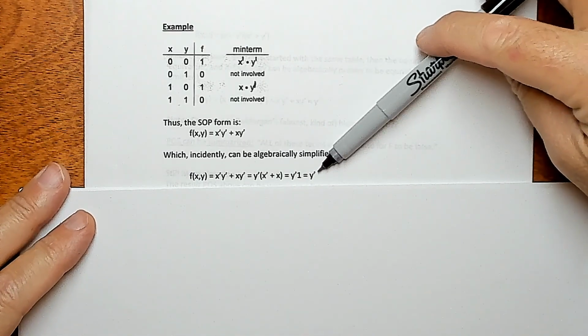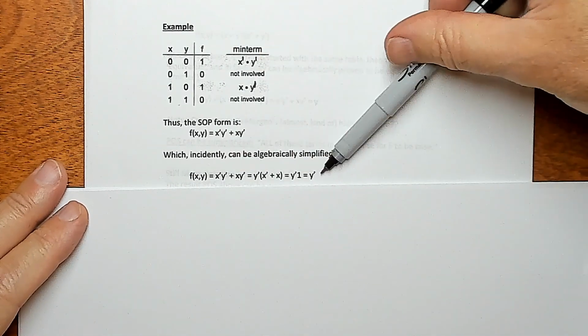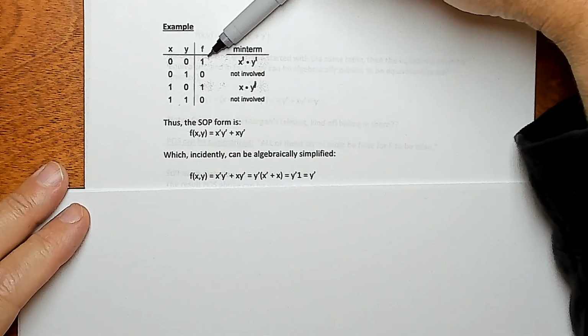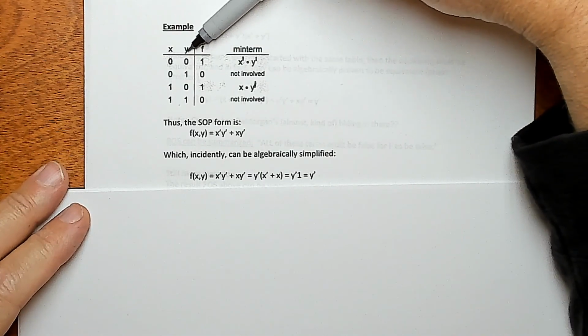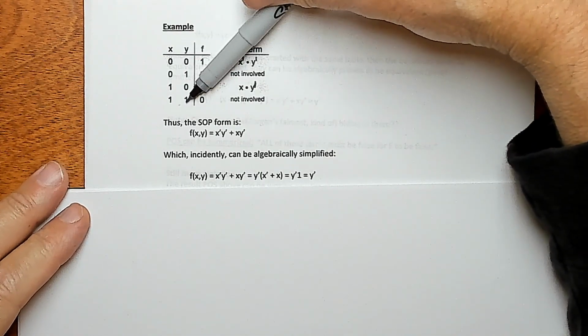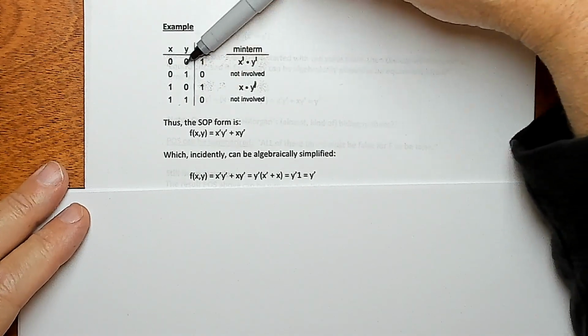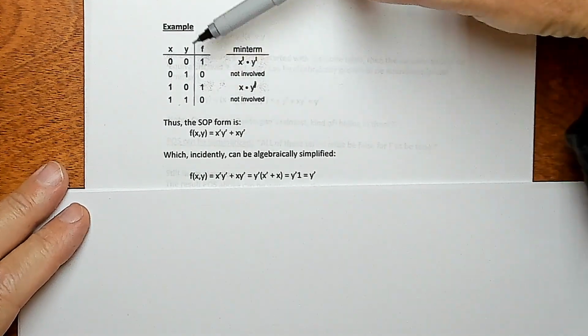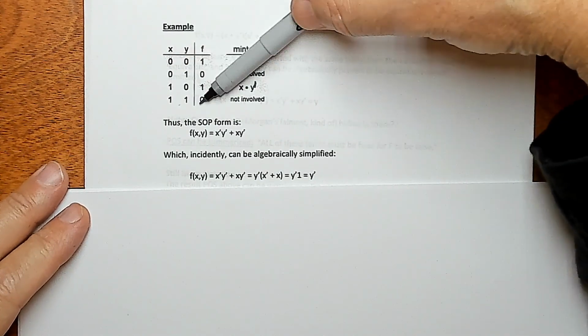You get y not, f is y not, basically, which you can see from looking at this. Here's the y variable, 0, 1, 0, 1. F is just the opposite of that, 1, 0, 1, 0. It's just y not.